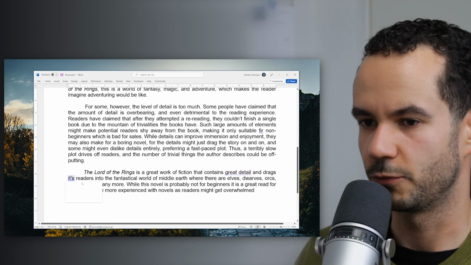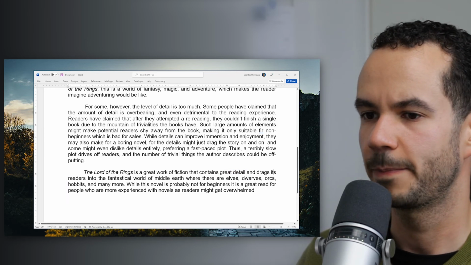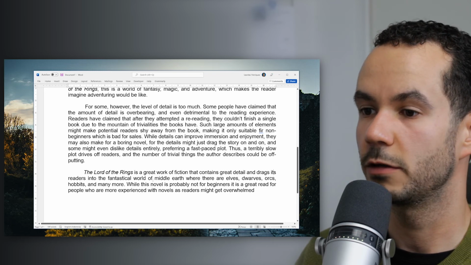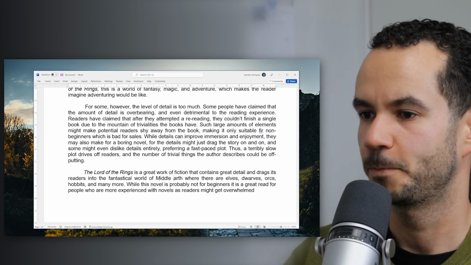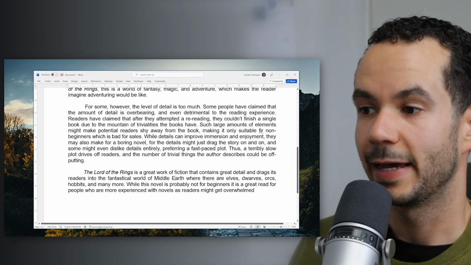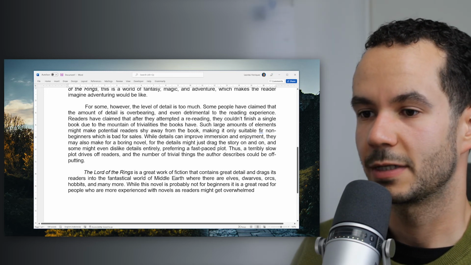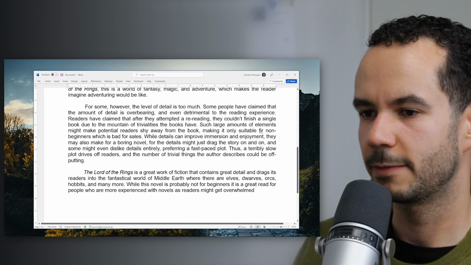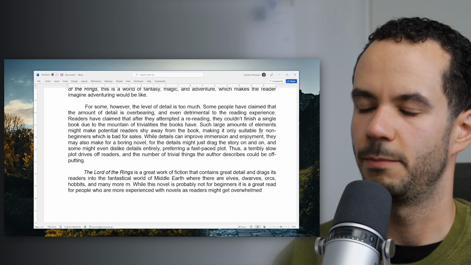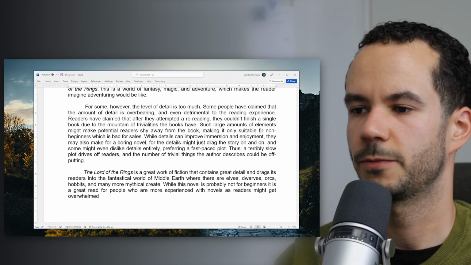And drags its readers, which is a typo, into the fantastical world of Middle-earth, which I think is where the book takes place. Middle-earth, where there are elves, dwarves, orcs, hobbits, and many more. And what I'm going to do is I can say, and many more mythical creatures.